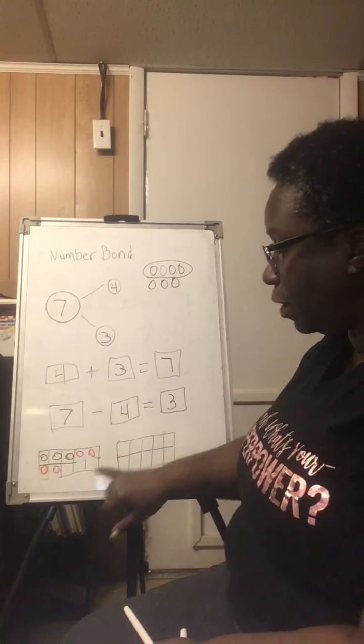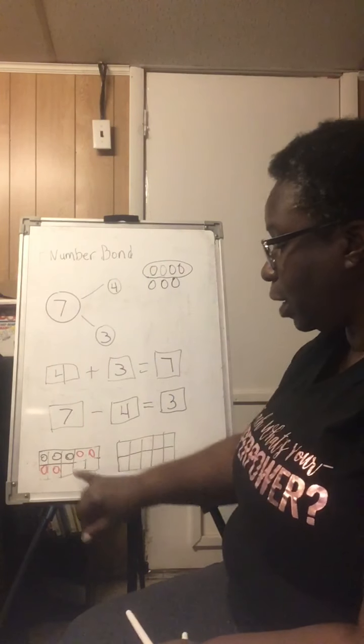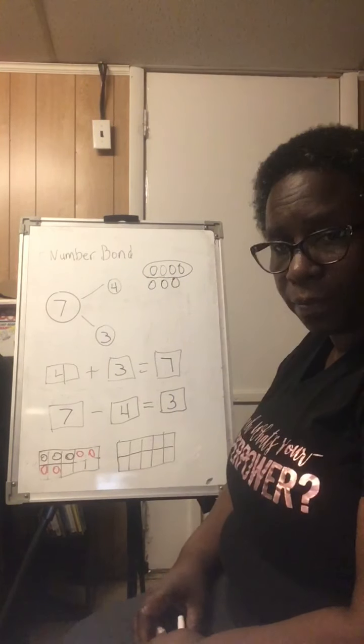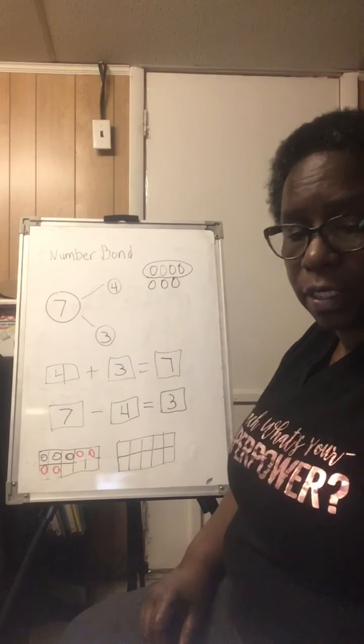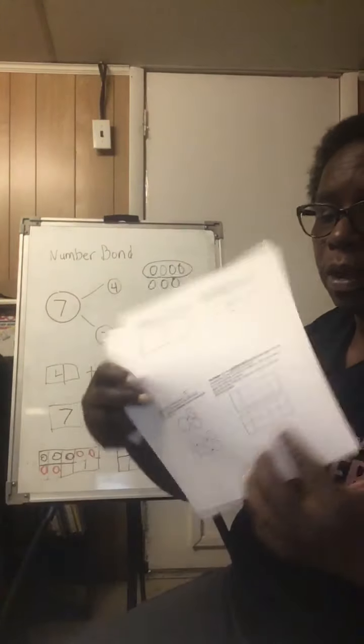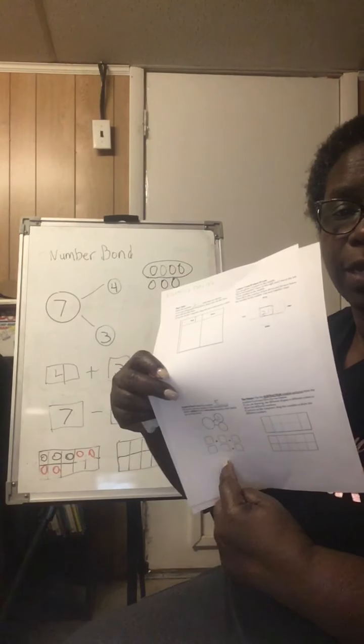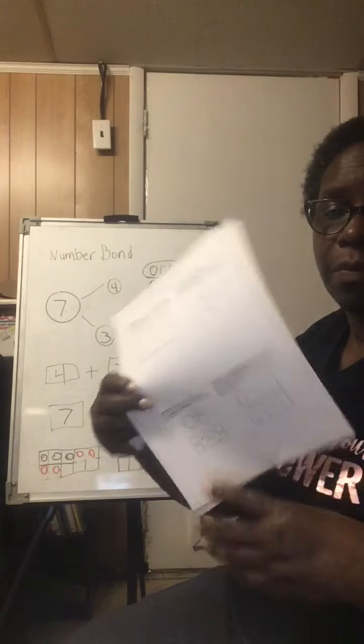So 7 altogether minus the 4 leaves us with 3. 7 minus 4 is 3. And that's how you're going to work these two problems at the bottom, using what you get over here for subtraction.